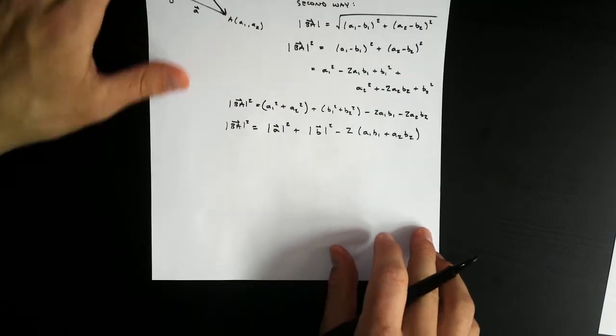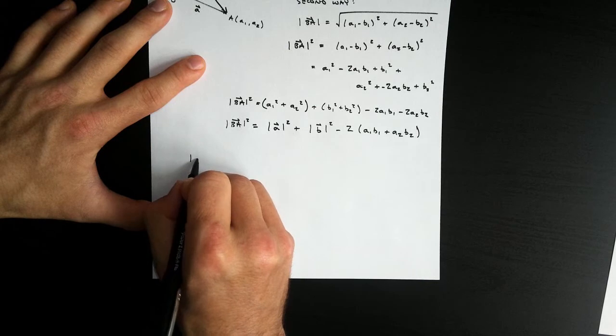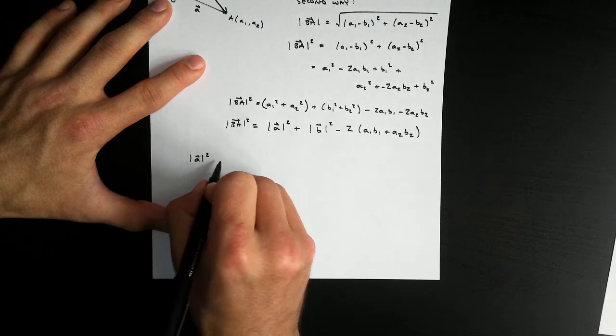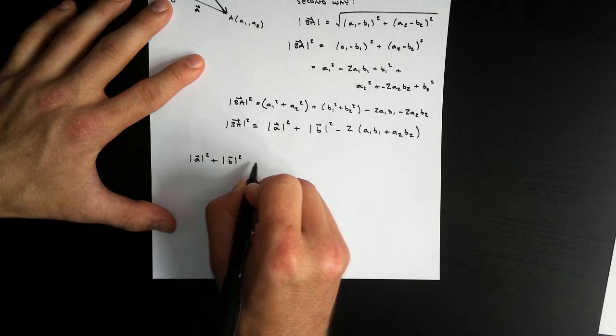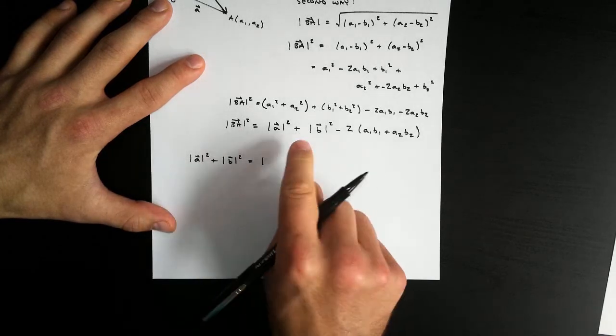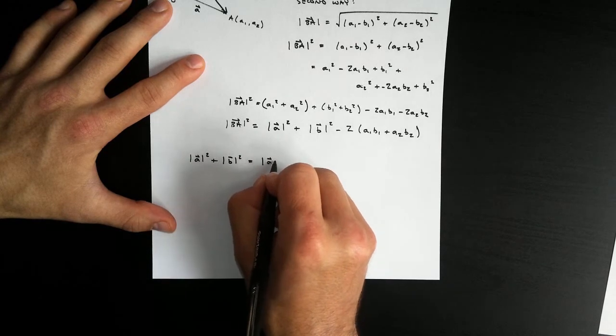So if I set those equal to each other, from our first way, we end up with the magnitude of A squared plus the magnitude of B squared, and that's going to be equal to this expression we got from the second way.